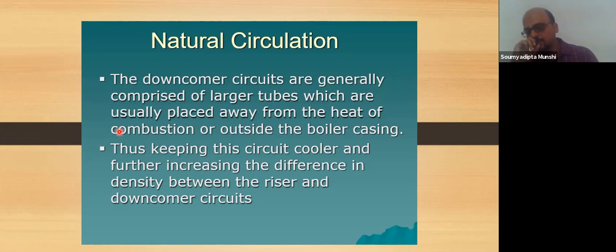Due to this, the temperature of the downcomer circuit is less than the temperature of the mixture inside the water tube. So when the circulation is in process, the mixture is going to the drum and the water comes from the downcomer.